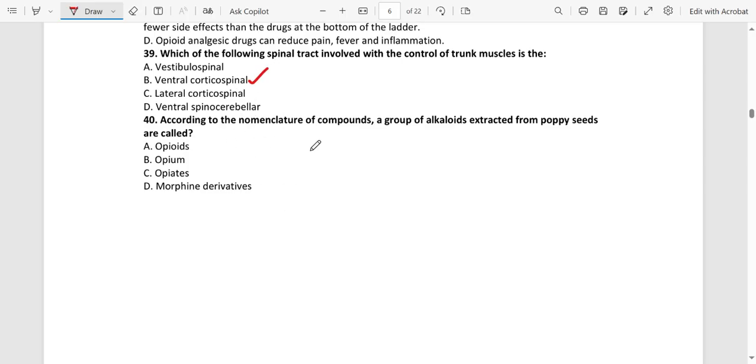According to the nomenclature of compounds, a group of alkaloids extracted from poppy seeds are called opioids, opium, opiate, morphine derivatives. Which one do you think is the answer here? A group of alkaloids derived from the poppy seed is opium, right? Yes. And then what's an opiate?